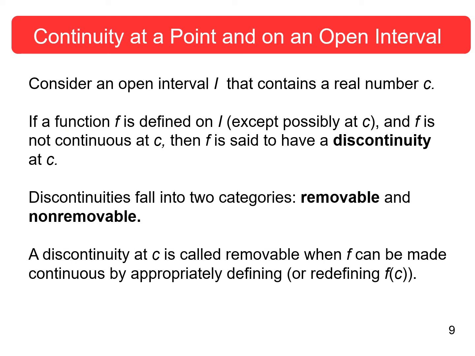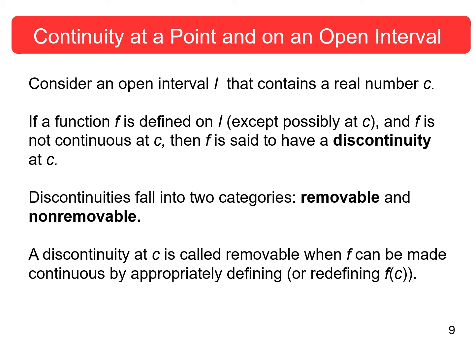Now let's consider an open interval I that contains a real number c. If a function f is defined on that interval, except possibly at c, and f is not continuous at c, then f is said to have a discontinuity at c.